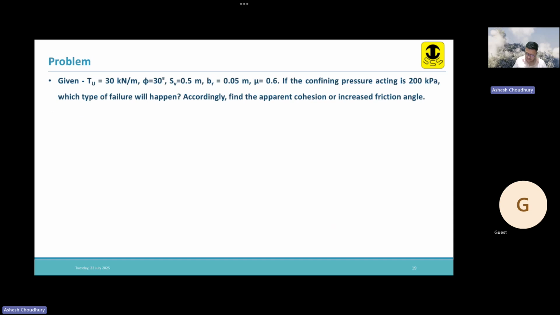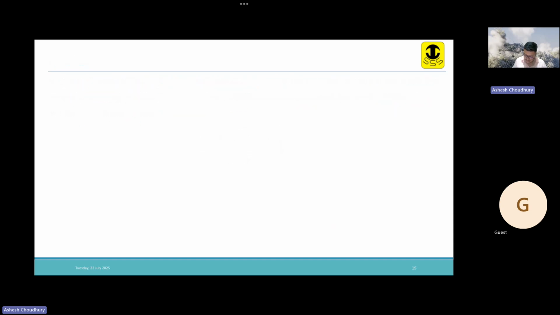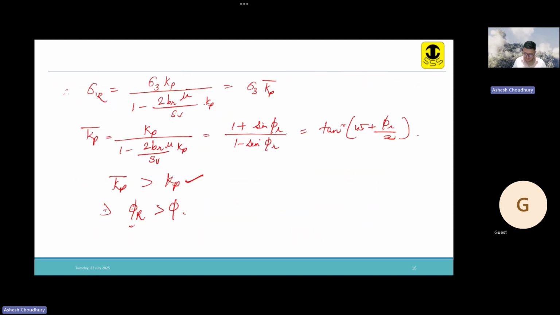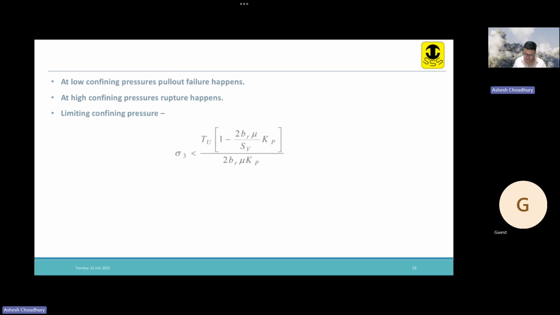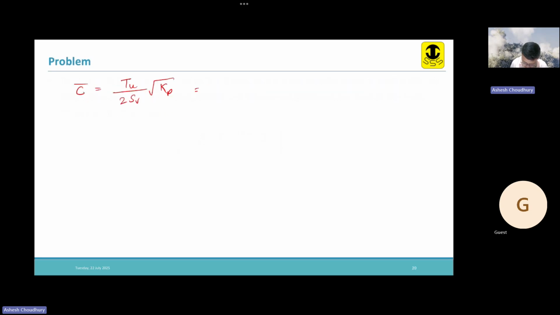So we just found that out a while back. Tu by twice root over Kp, which is 52.